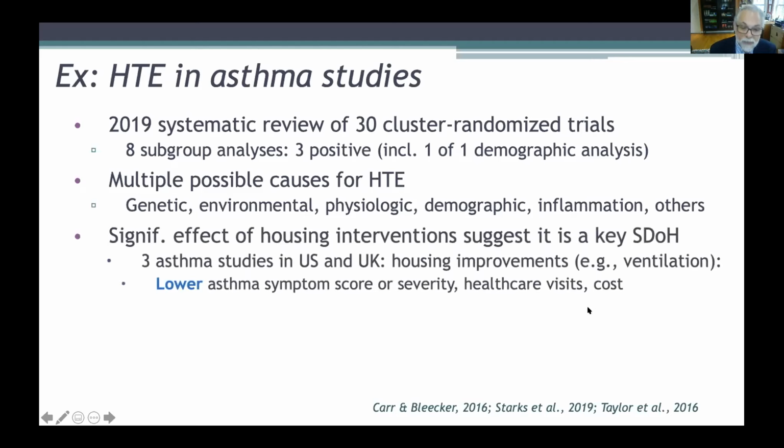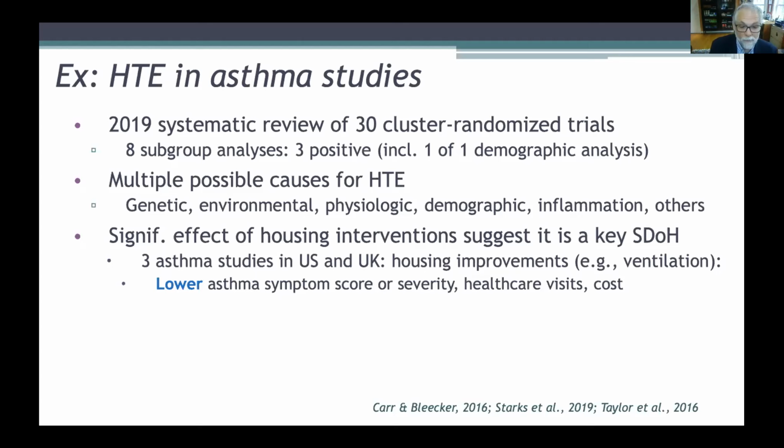And I'm switching now to a different review by Taylor et al., which looked at interventions based on social determinants and how they may affect certain outcomes, meaning these are now interventions that try to manipulate social determinants and see the impact of that on health effects. And there were 3 asthma studies in this review that mostly consisted of improving the housing of individuals with asthma in order to see whether their asthma symptoms and so on would improve.